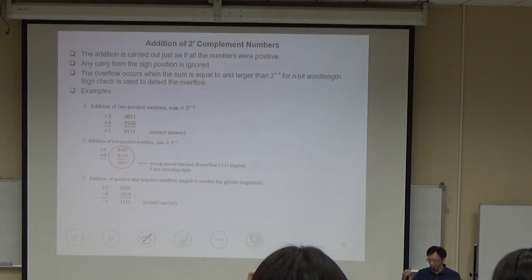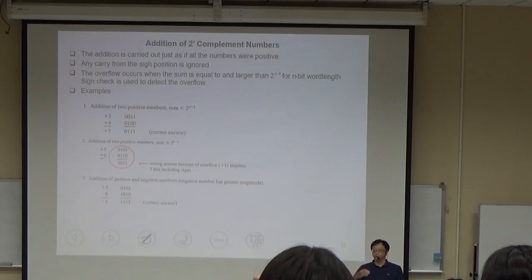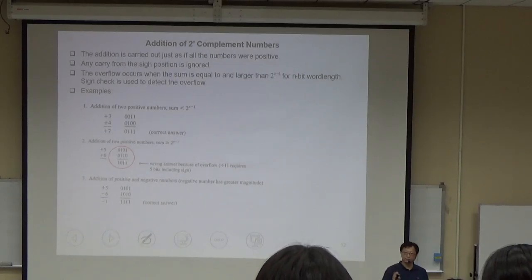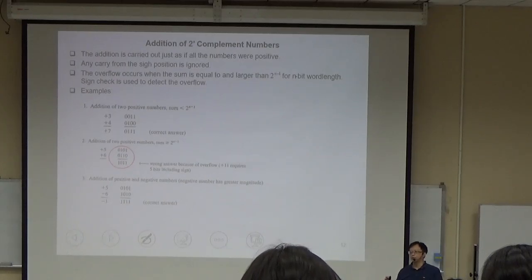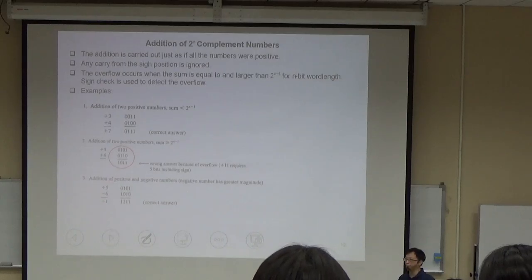For example, the original number has 4 bits, but the sum of two 4-bit numbers may require 5 bits, but we only have 4 bits. So it means overflow. The number of bits we have is not enough to represent the final result.